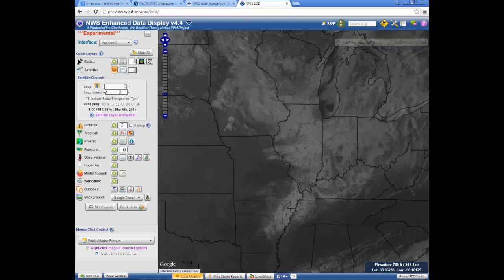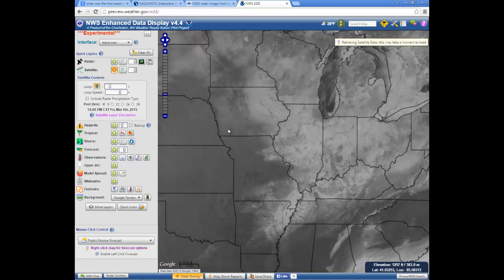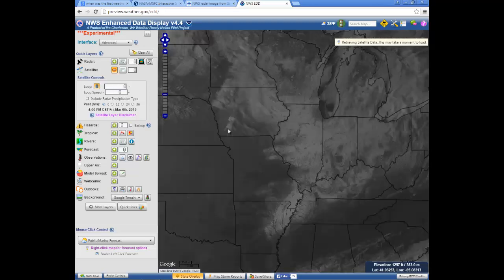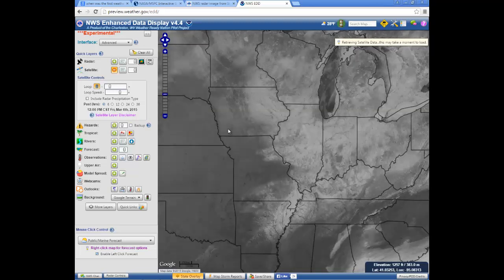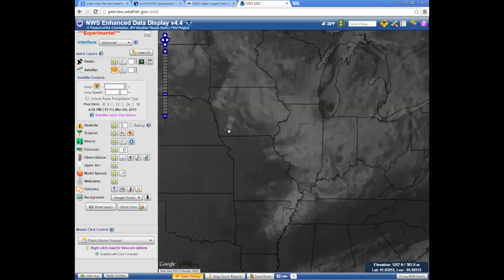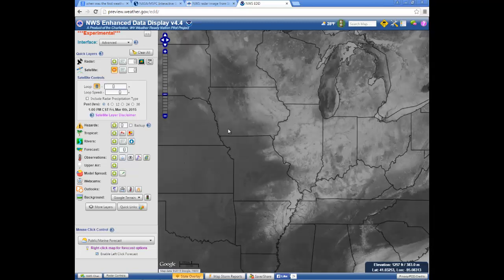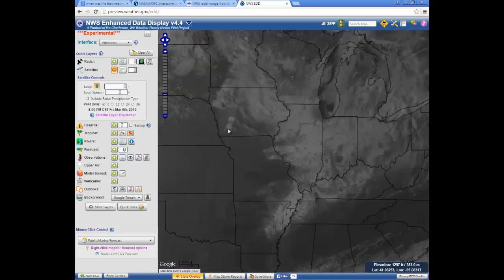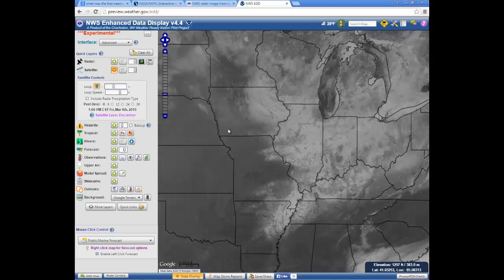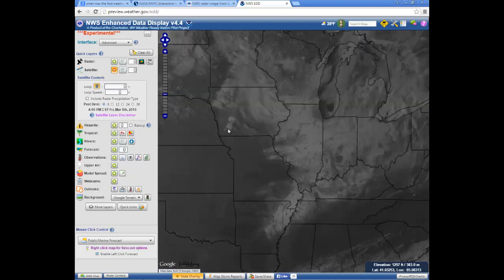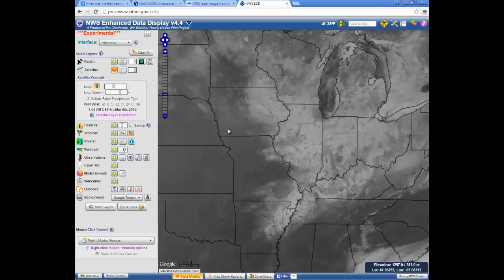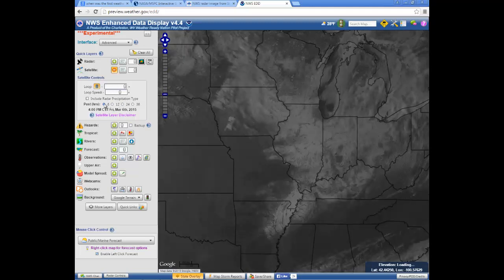You can go ahead and loop it. Now it's not going to be as detailed as the GHCC site. The number of images is going to be less. It'll only give you the number of hours that you select here with this little button.